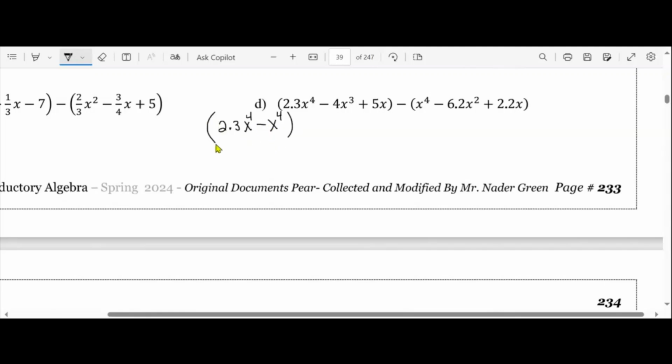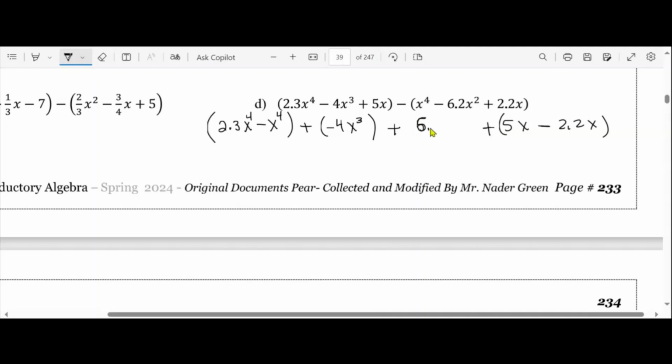Right. All right. So I did this, right? And now I'm going to do the next one. What's the next one? Negative 4x cubed. Do we have anything with x cubed? No. Plus 5. No, don't have 5. 5 is here, right? 5x with this one. Minus 2.2x. This together. And then we have what?